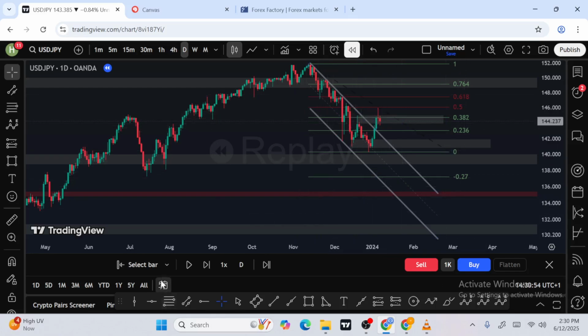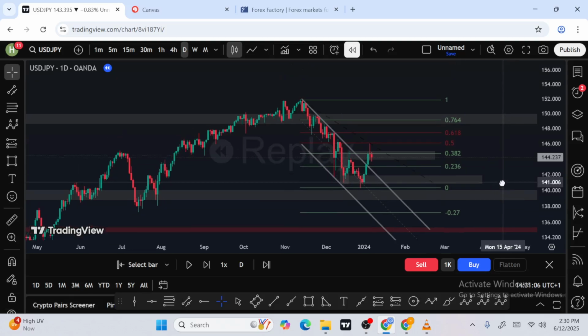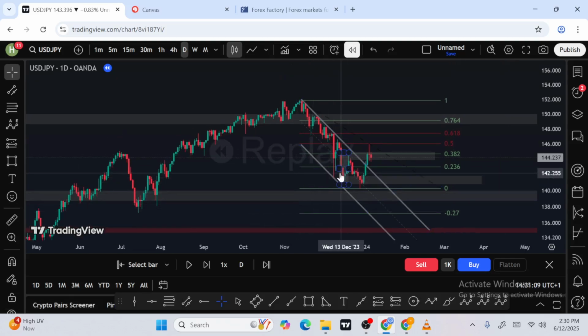Now with this breakout, we are expecting that this market goes all the way up to this point, because this is the length of this W pattern.